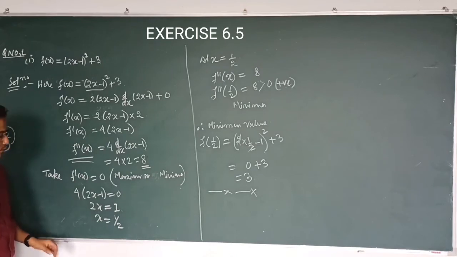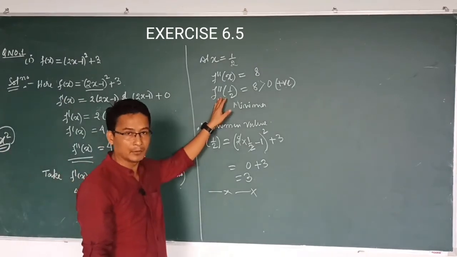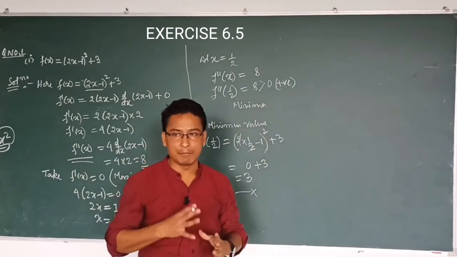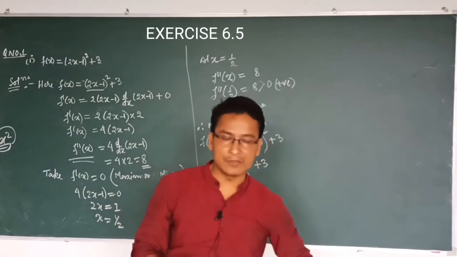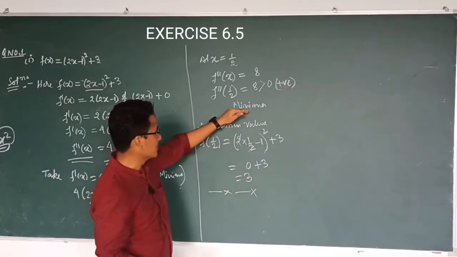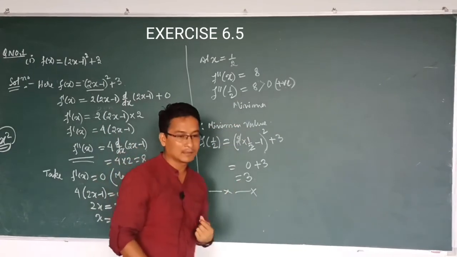So what can we do? We put the critical point into the second order derivative. If we get a positive value, then we say it is minima. If we get a negative value, then we say maxima. Here it's minima, so we are going to find the minimum value. So our answer is 3.